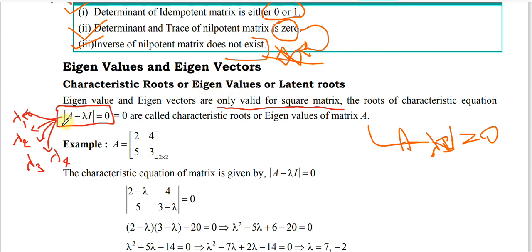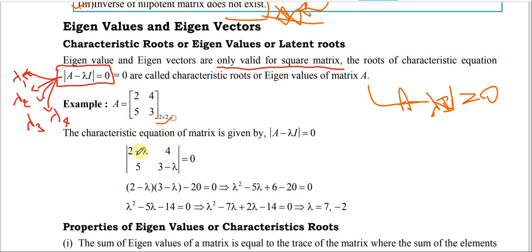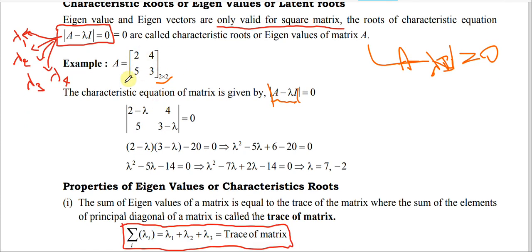Its roots may be lambda 1, lambda 2, lambda 3. If it is a 2 cross 2 matrix, then there will be 2 eigenvalues, lambda 1 and lambda 2. If it is 3 cross 3, then there will be 3 eigenvalues. For example, take this 2 cross 2 matrix. Then A minus lambda I is also a matrix, and its determinant will be 0.